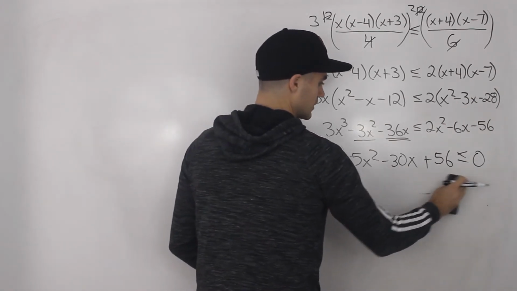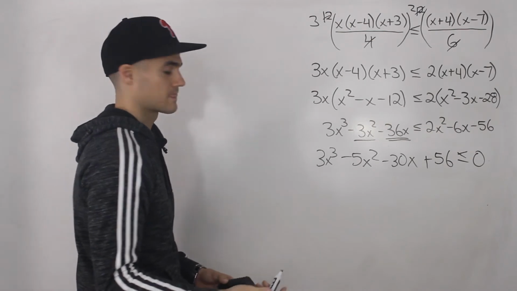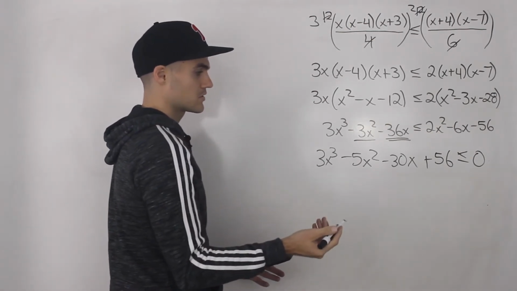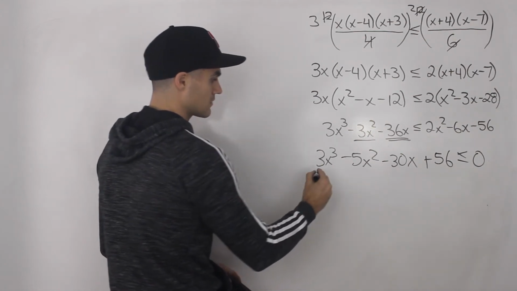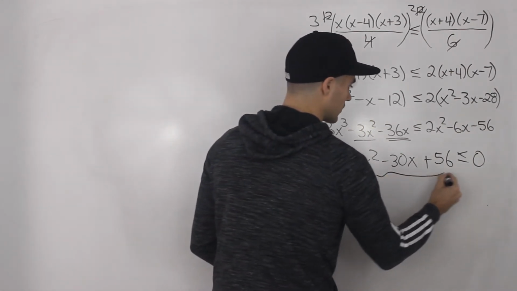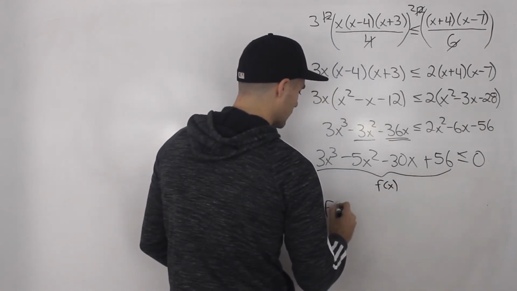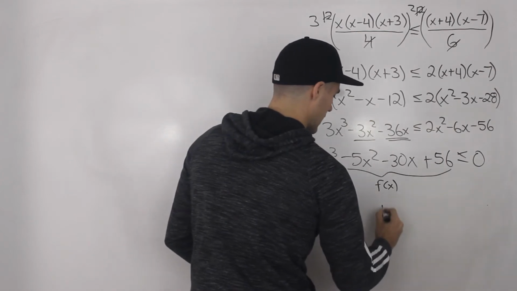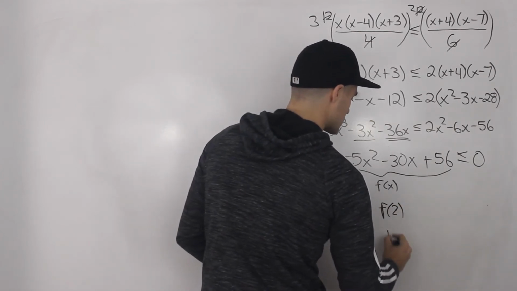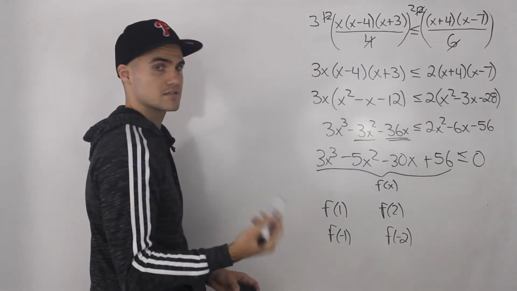So unfortunately, what we've got to do is use the factor theorem, right? So we have to plug in numbers by trial and error, plus or minus 1, plus or minus 2, etc. So if we let this whole polynomial here be f of x, we've got to plug in f of 1, f of negative 1, f of 2, f of negative 2, etc., until we get something equaling 0.